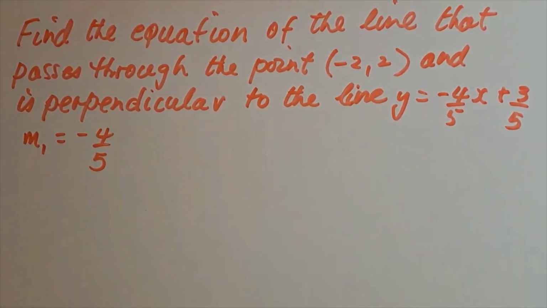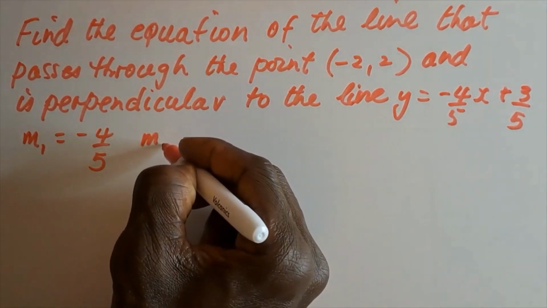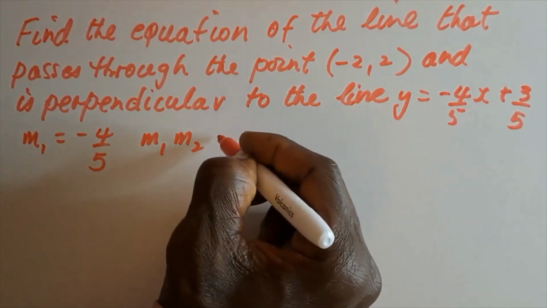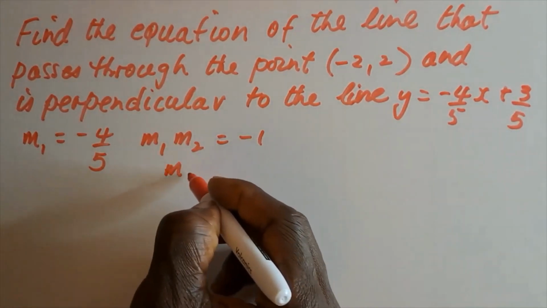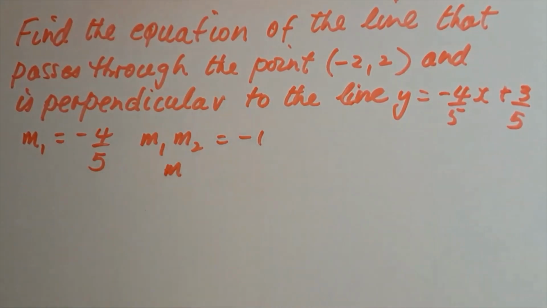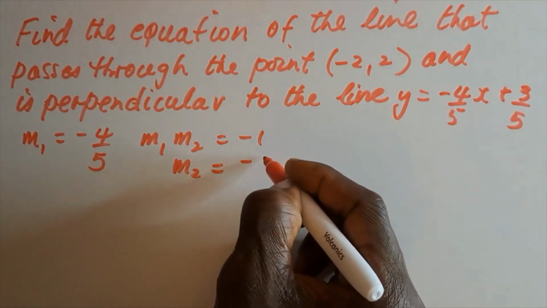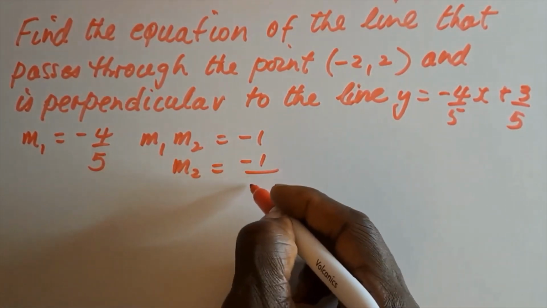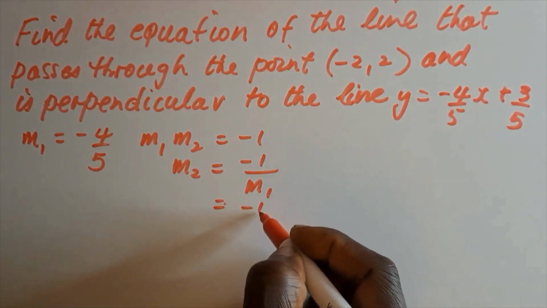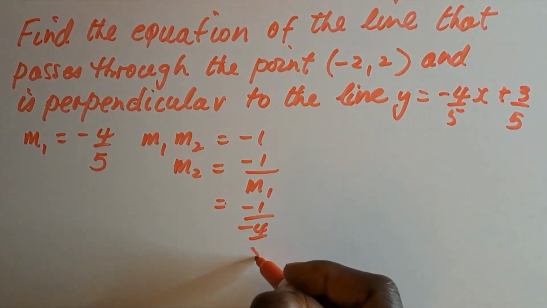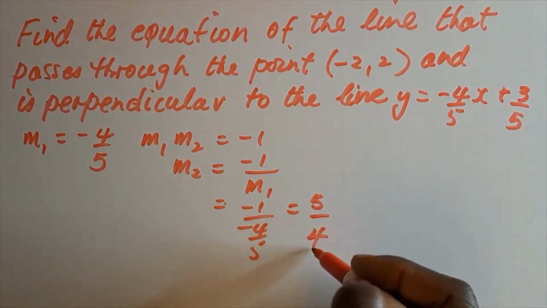out the gradient of that line by using the perpendicularity condition, which is that m1 times m2 must be equal to -1. We know what m1 is, but m2 we can write as -1/m1, which is -1/(-4/5), which gives us 5/4.